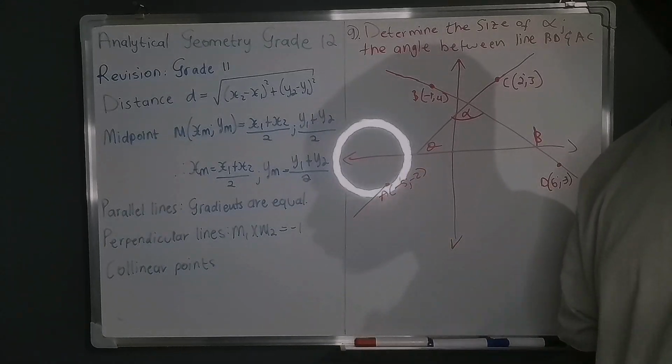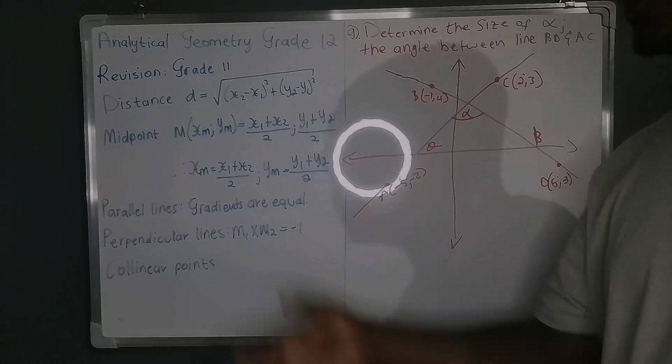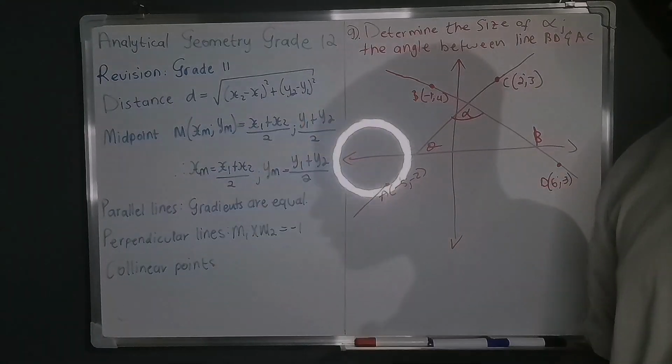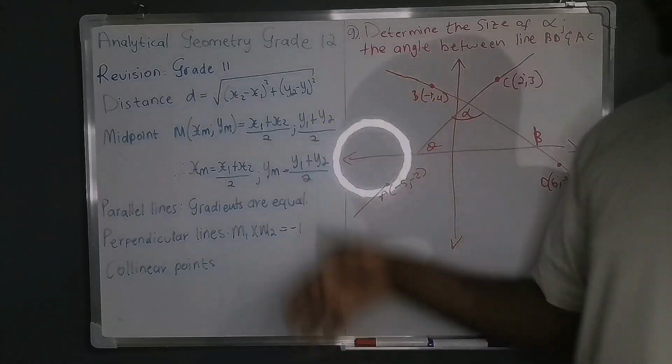They can give you only one coordinate of A, say the y, and ask you to determine the other one through the use of midpoint. Then you just simplify and find the variable. I will show you as time goes on how to go about that.